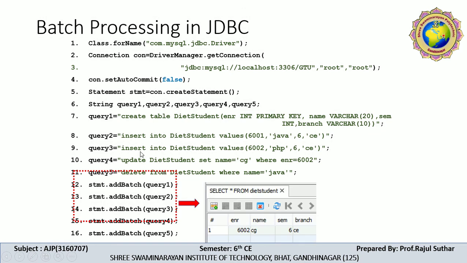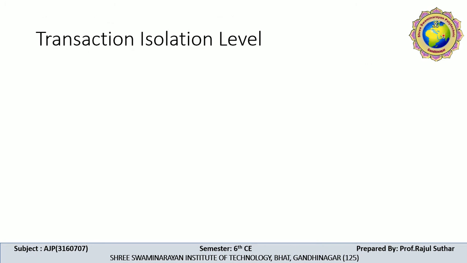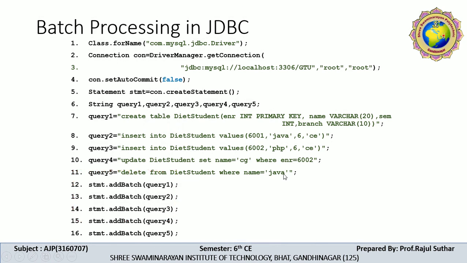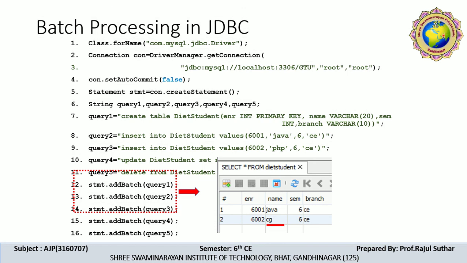So instead of Java or PHP, sorry, here the second enrollment number is getting the PHP value name, so that will be changed to CG. And the last one, delete from diet where name is equal to Java. So previously this is the output. By performing the fifth query, delete from diet, this one will be deleted.